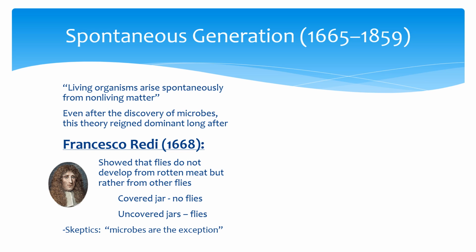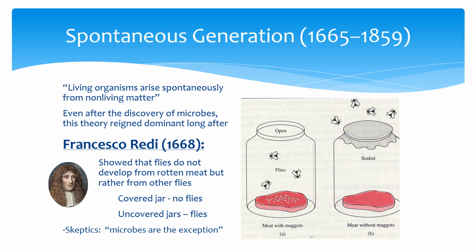Because they're laying their eggs. That would be the uncovered jar. In the covered jar, flies weren't able to land in the meat and plant their eggs, and therefore, if it was a sealed container, then we see that there are no small life forms being formed, because they can't access that product. So this is what Redi showed.